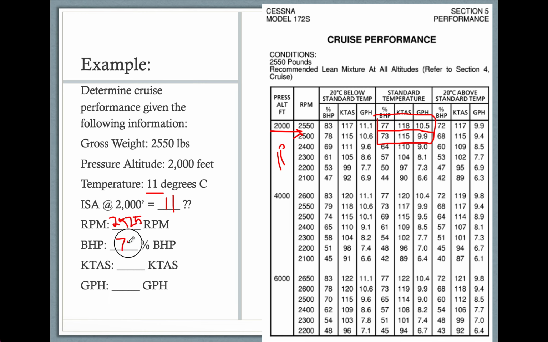That'd give me 75% of horsepower. I'd be cruising at, let's see, there's 3, so 116.5 knots. And halfway between those two numbers, 10.2 gallons per hour. That's the performance they say I should get at 2,000 feet on a standard day if I set my power to my max allowable recommended cruise power.